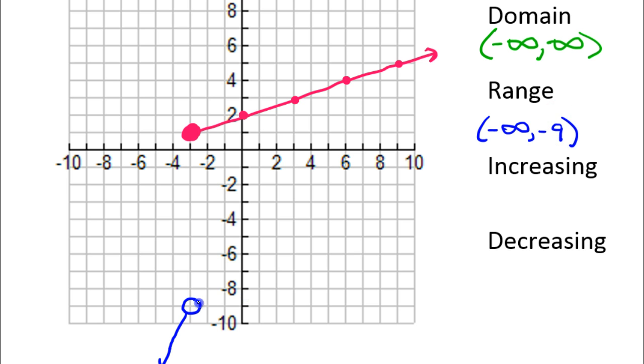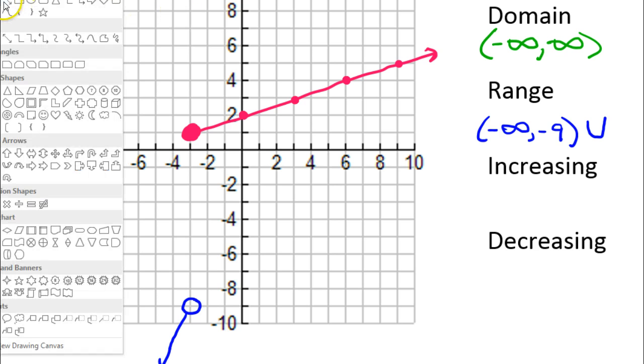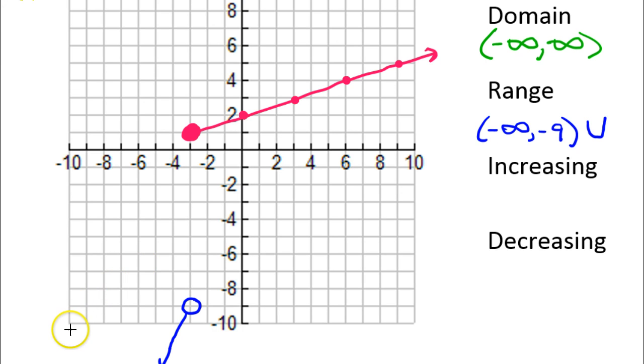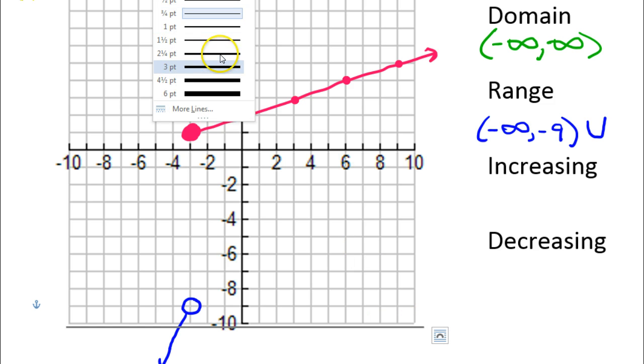Now I'm going to leave it round because that's an open circle. Then I'm going to say union. And now there's a big gap because look, imagine a horizontal line to help you understand what I'm doing. Okay, so you see this horizontal line. Make it a little thicker.